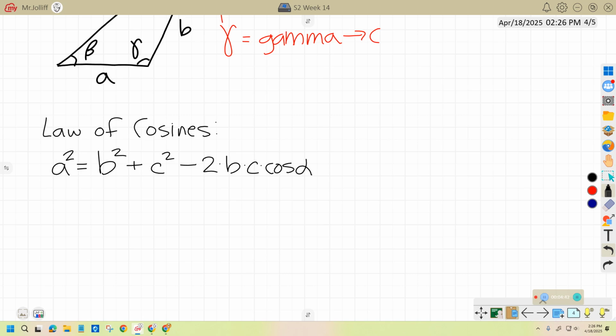Next to that, I'm going to write down our old formula, the one from Tuesday, our law of sines. Law of sines was a whole bunch of fractions.